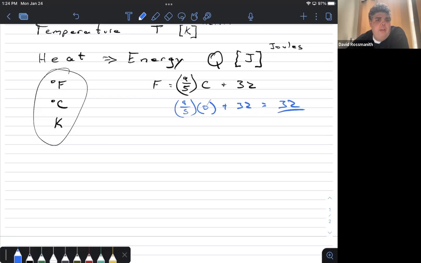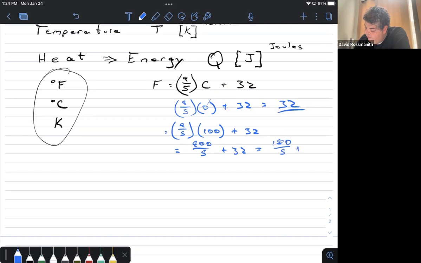What about the boiling point? Does that work? Well, plug 100 in for C. Water boils at 100, so we get 9 over 5 times 100 plus 32. All right, so 900 divided by 5 plus 32. 900 divided by 5. 5 into 9 is 1 with 40, so 180. 180 plus 32.